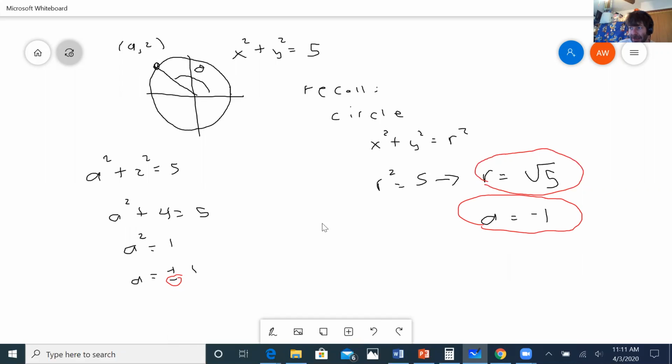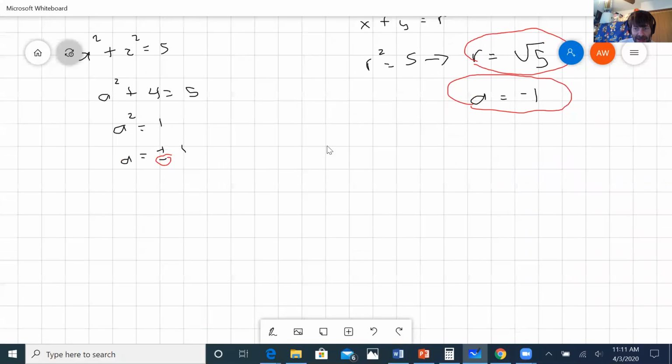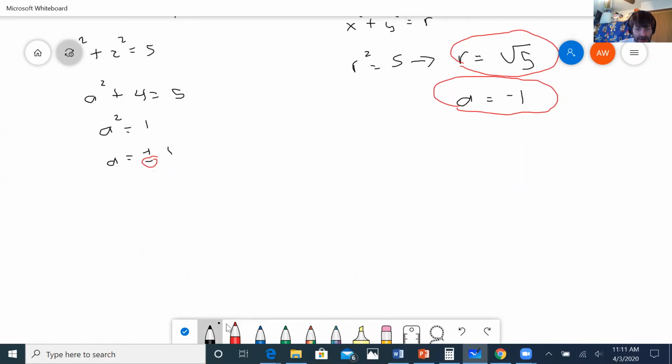Okay, so what you're going to end up needing then is, I guess, sine theta and cosine theta. So maybe, again, just recall, sine theta is y over r, and cosine theta is x over r.